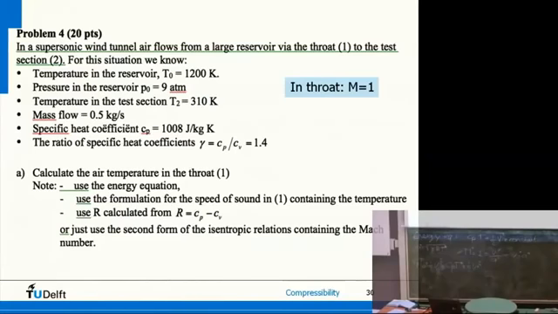We have T0, right? Do we have V0? What's the speed in the reservoir? 0. Thanks. So good, we have 0 in the reservoir. T0 we know. Do we know T star?